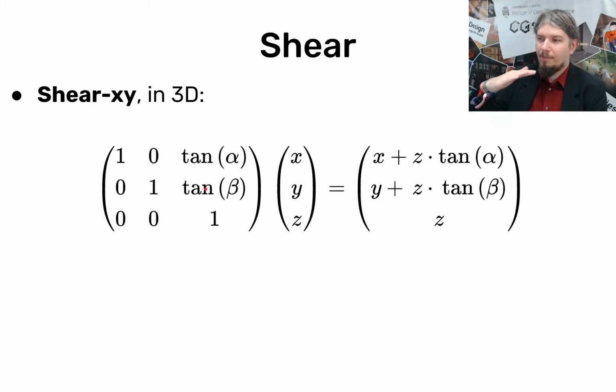So if you have a plane, you can shear it in one angle along one of the axes and another angle for the second axis. But everything still moves parallel to the xy plane, because you can see in the result, the z coordinate of any given point stays the same. So if z is somewhere and we shear along the x or y axis, z stays the same. It moves in parallel to the xy plane.